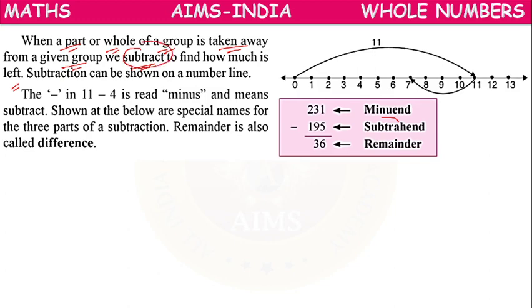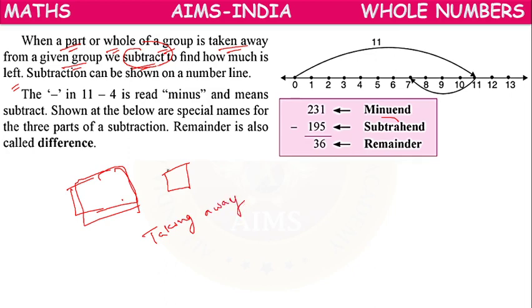When we have something and we are taking out either the whole or a part of it, then we make use of the concept called subtraction. So taking away is called subtraction. This subtraction can be shown on a number line.